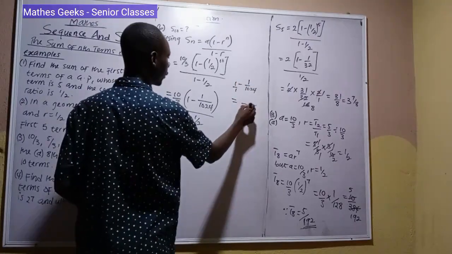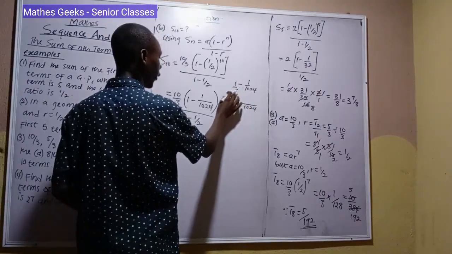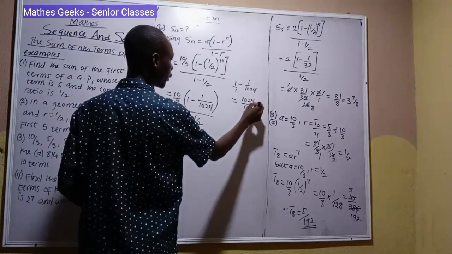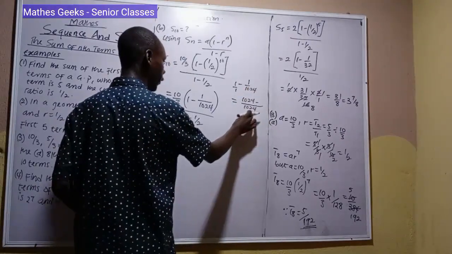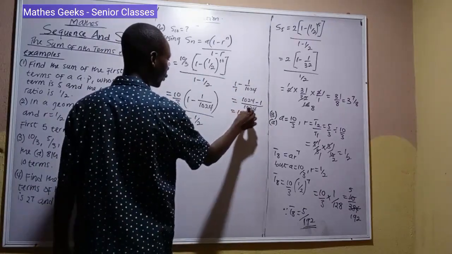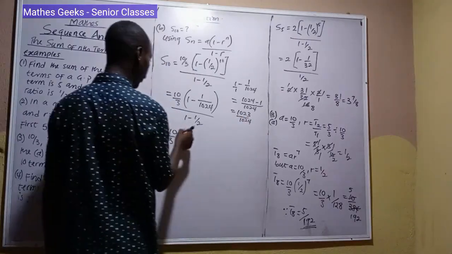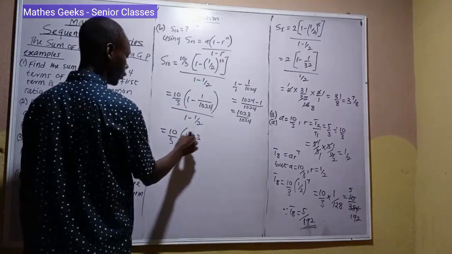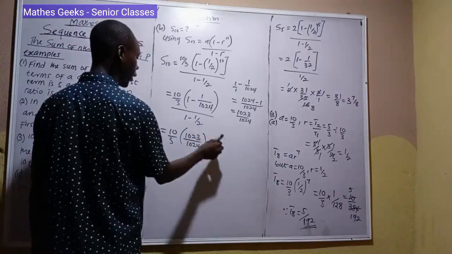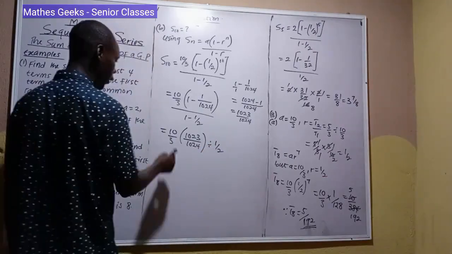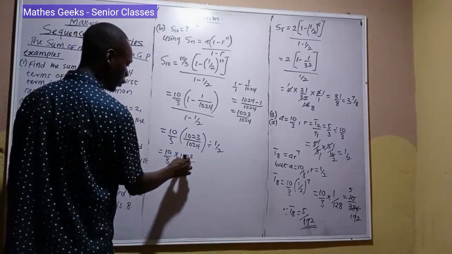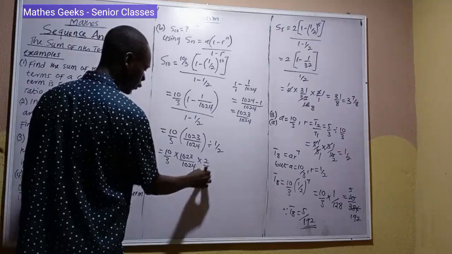The LCM is 1024: 1024 minus 1 over 1024 gives 1023 over 1024. Then divided by 1 minus half, which is equal to half. So this will give us 10 over 3 times 1023 over 1024 times 2 over 1.